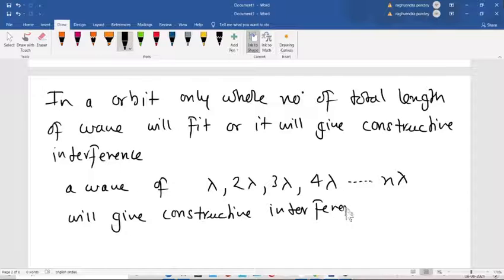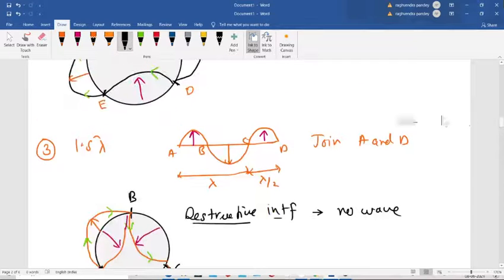Here n is a whole number. It cannot be negative also. So 1, 2, 3, 4, 5, 6 and all that. I have not taken the 3 lambda wave here, as it will take more time.